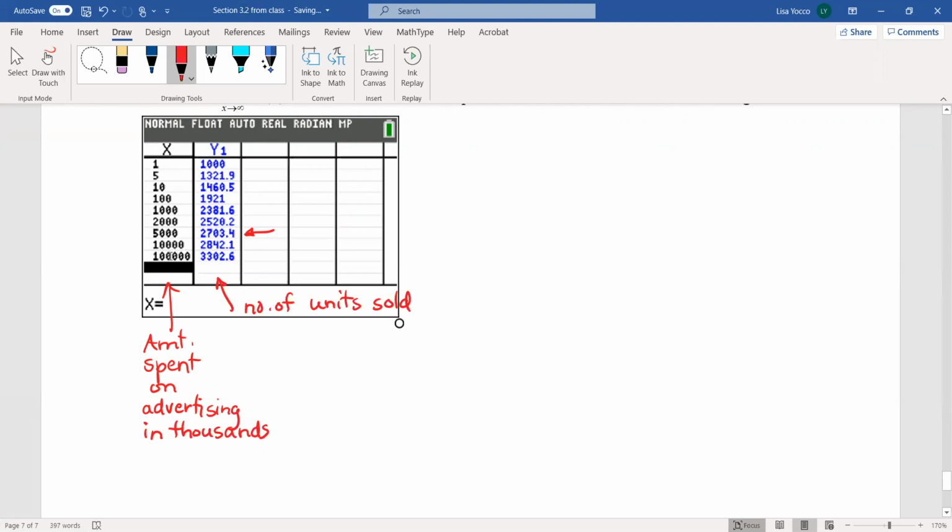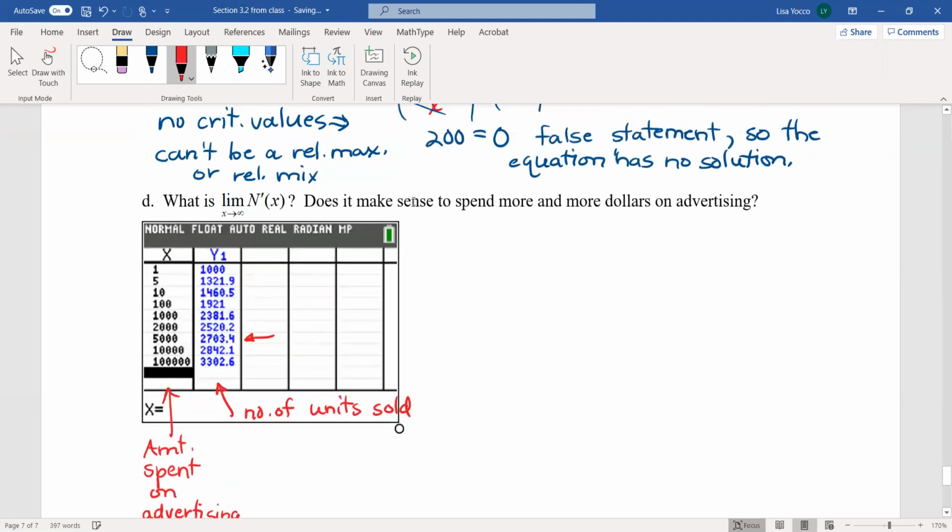If you bump that up to 100,000, the number of units sold only increases by about 600. So that's why it says, does it make sense to spend more and more dollars on advertising? No, for what I just said.